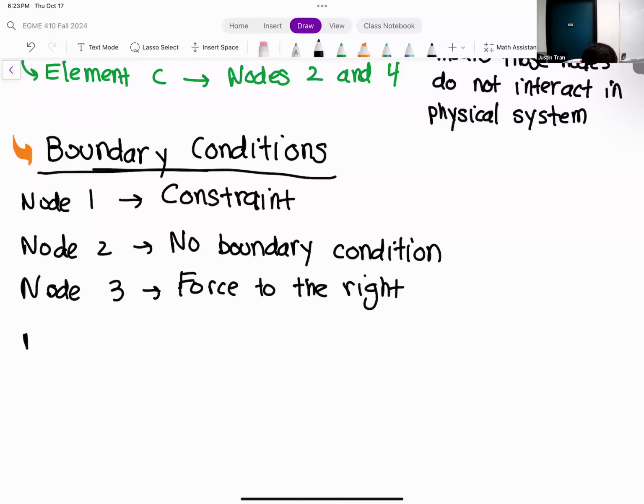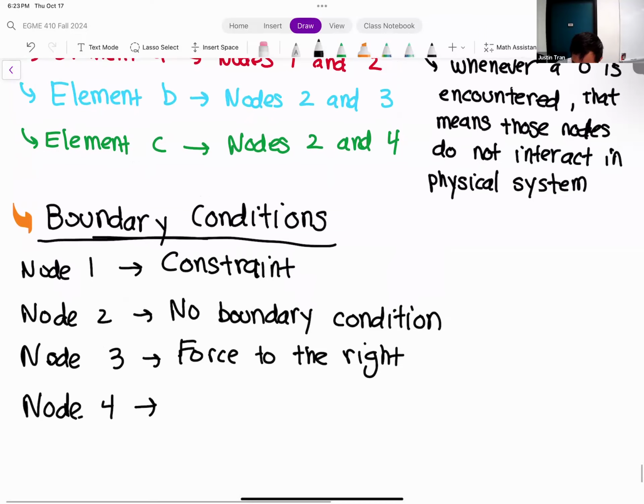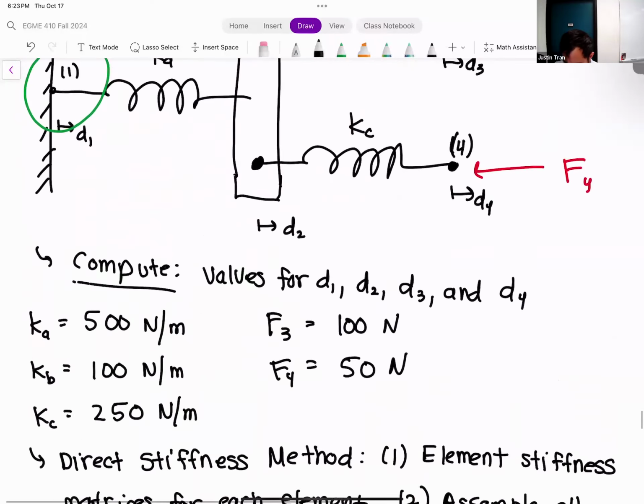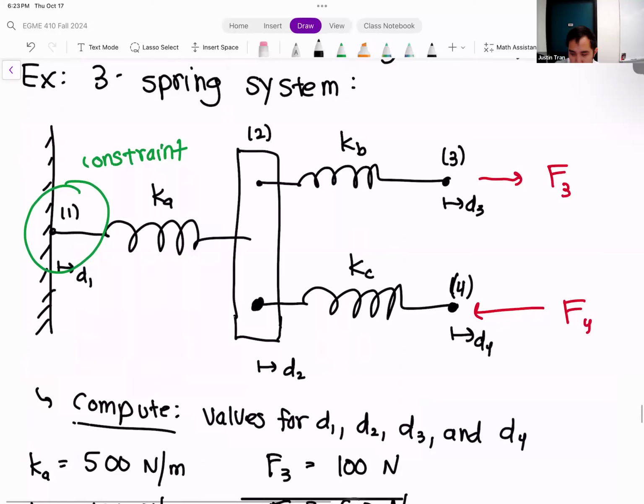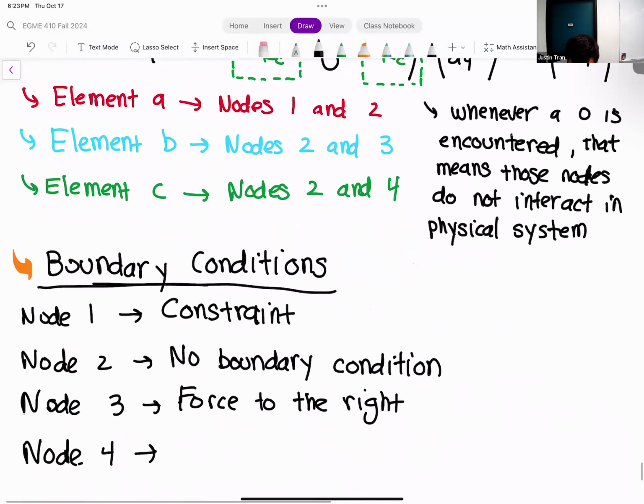And then finally, we have node 4. Node 4, we also have a load type boundary condition being applied on it, but it's a force to the left. So we have node 4, force to the left.